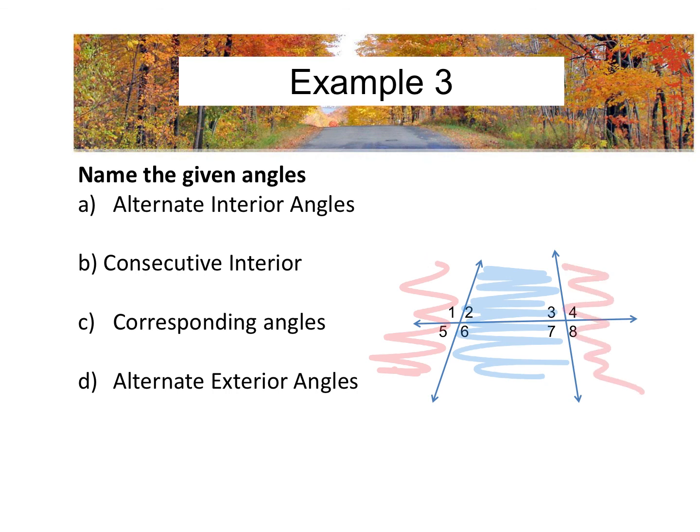The alternate interior, opposite sides of that transversal, but in the blue area. So we could say 2 and 7, opposite sides of the transversal. And then the other pair is going to be 3 and 6.